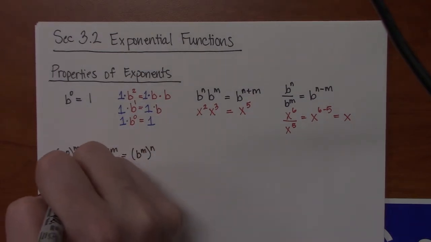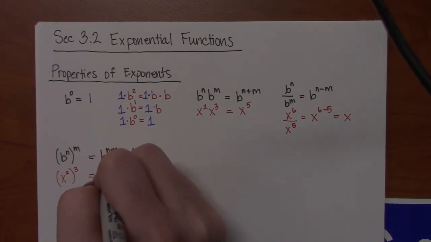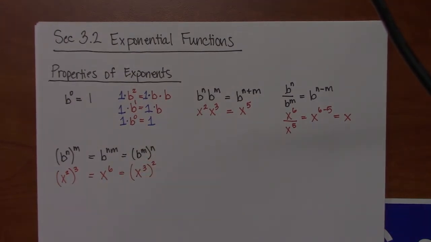So if we had x squared and we cubed it, that would work out to be x to the 6th, and that's the same thing as taking x cubed and then squaring it. So you can actually switch the order that you write it in that case, because you can multiply in any order.